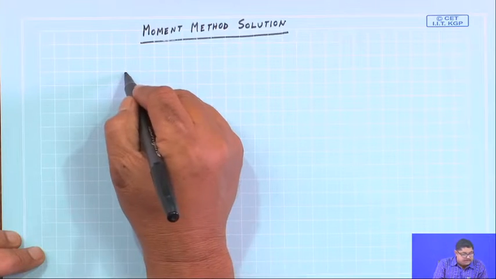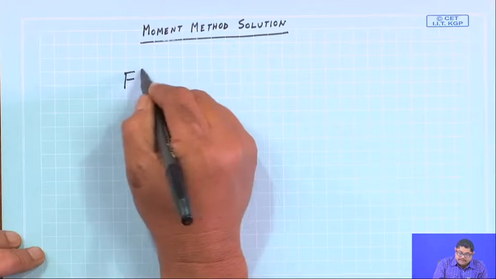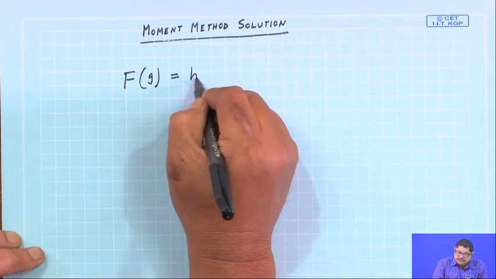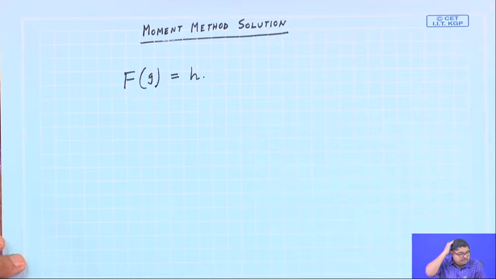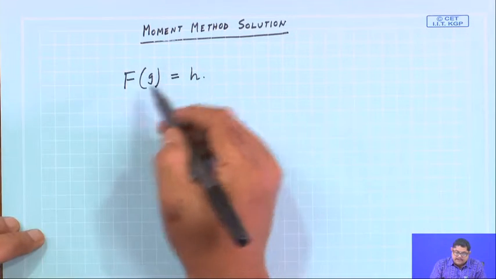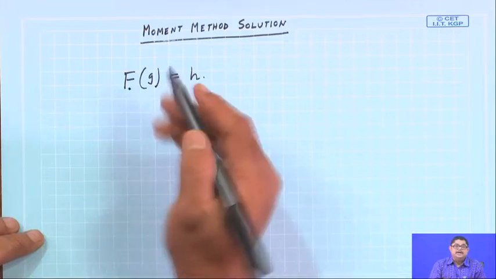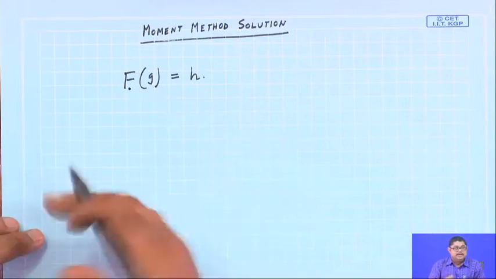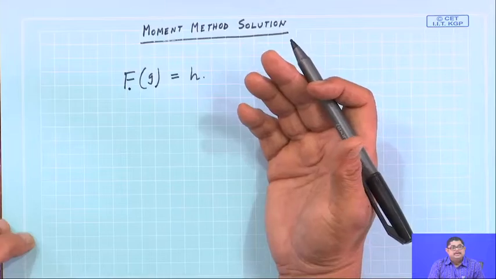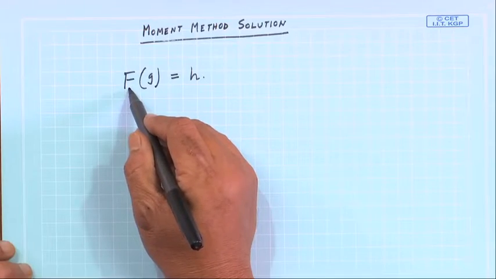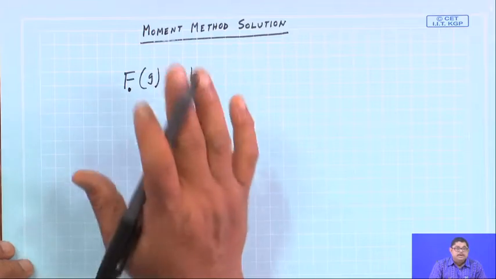of integral equations can be written as f g is equal to h, where f is a known linear operator, in our case integral operator. That integration is an operation, that is a linear operation. So, f is a linear operator, it is a known linear operator.